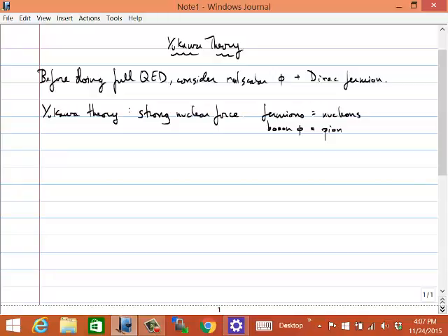Okay? So you can view the theory that we're going to develop today either as a toy model of quantum electrodynamics, where I discard the spin of the photon and treat it as a scalar, or you could view it as a theory of the strong nuclear force, where the fermions are the nuclei in the center of an atom.